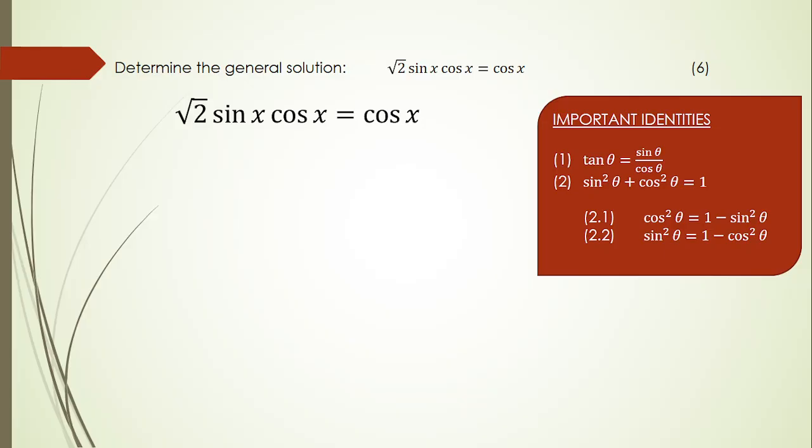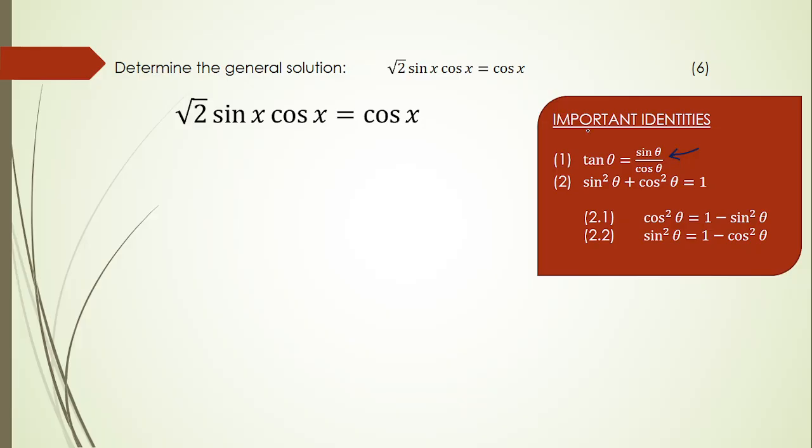Now, it's very important to know that we are not allowed to divide both sides by cos x. I know that I showed you before that dividing by cos x allows us to get a tan.